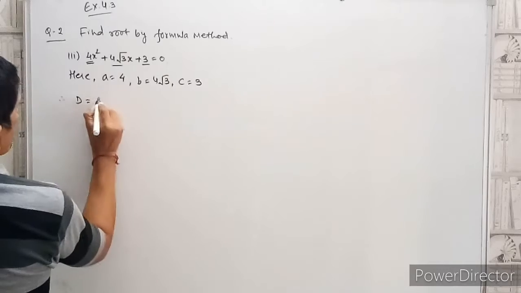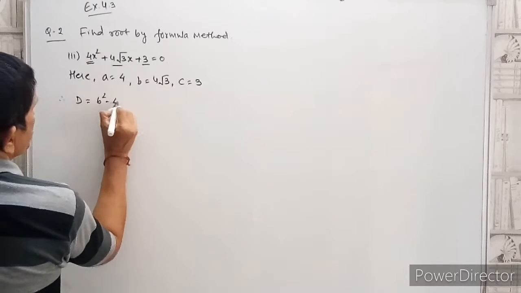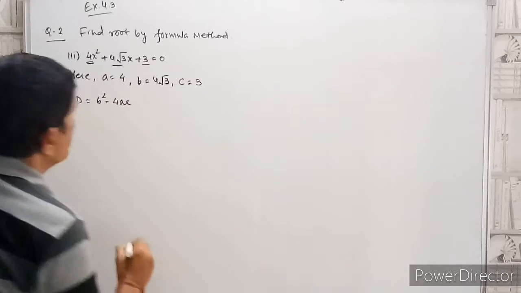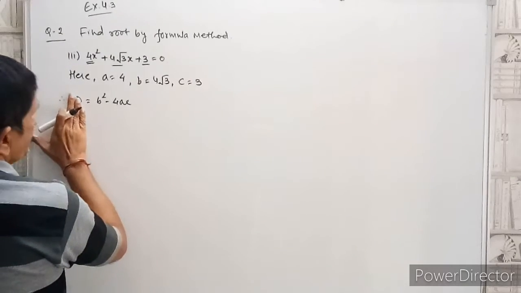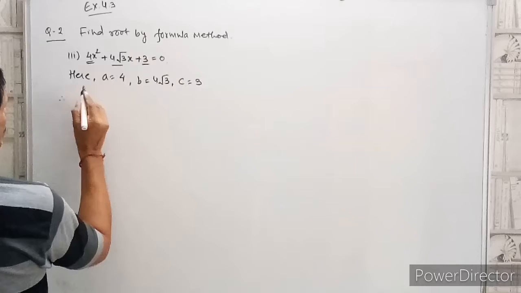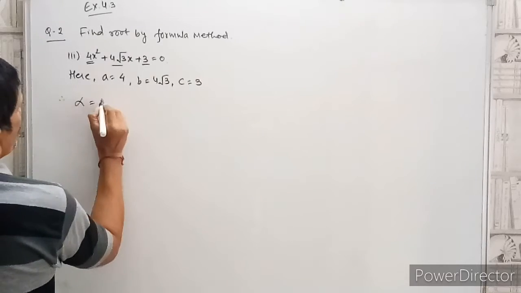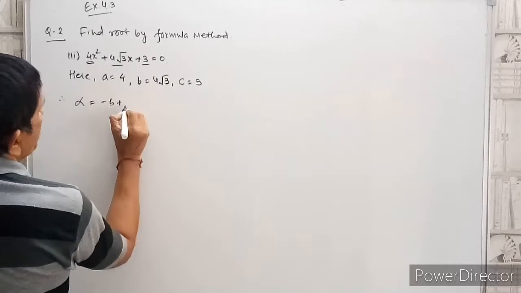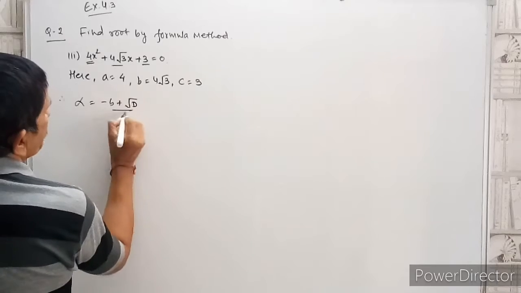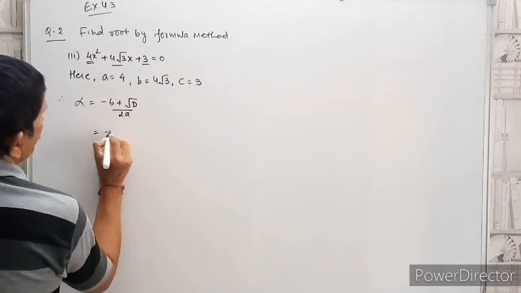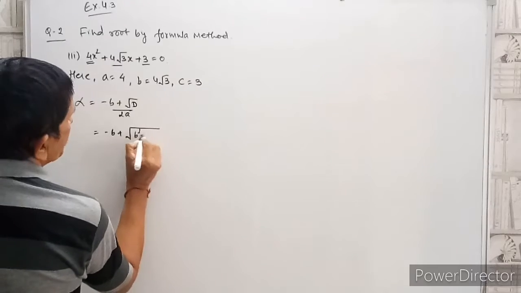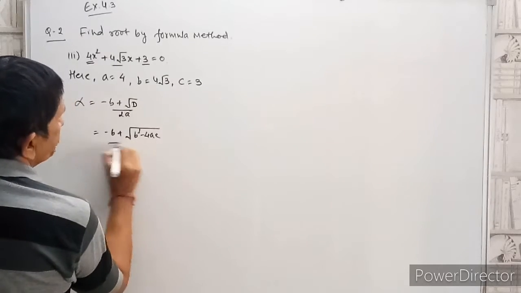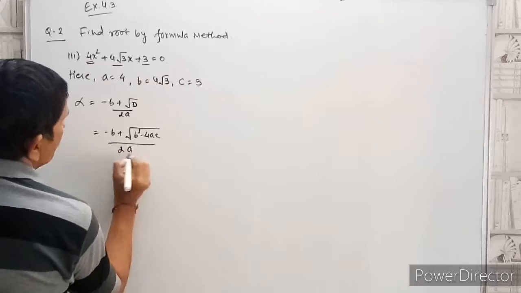Therefore, d is equal to b square minus 4ac. Or directly also we can put this into the formula. That is, alpha is equal to minus b plus root d upon 2a. Now root d is equal to b square minus 4ac, upon 2a.